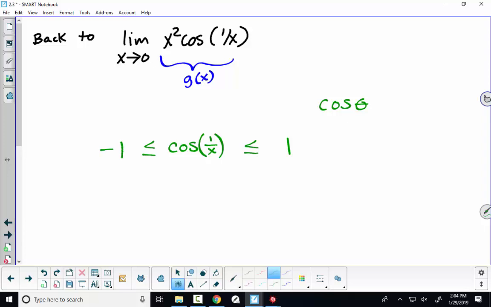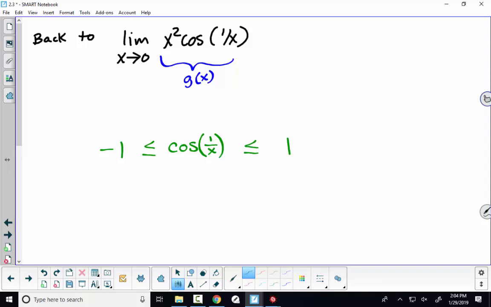So we know that cosine of 1 over x is in between 1 and -1. But we're trying to answer the question about the function x squared cosine 1 over x. But at least we have a starting point, right? We've got this as our starting point.